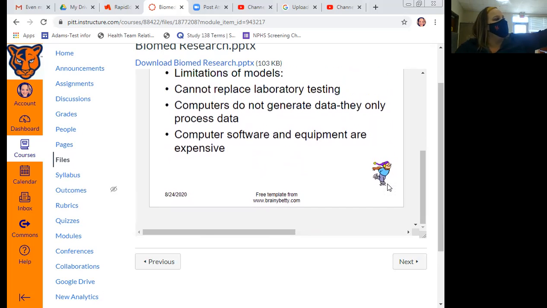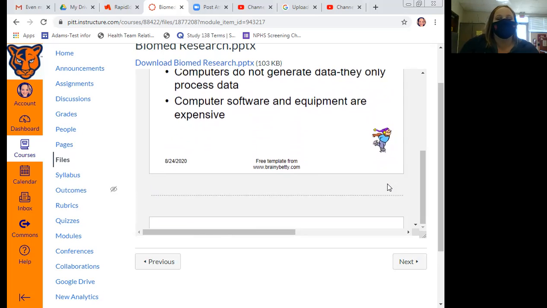Any questions about chemical, computer, mathematical, etc.? Just think computer machinery. How is machinery beneficial? Okay, it's fast, it's efficient, and it's not testing on animals. And then how is it not a good thing? So it's not a good thing because it's pricey and it's only ever going to give you what you want it to. Okay, so moving on to in vitro.